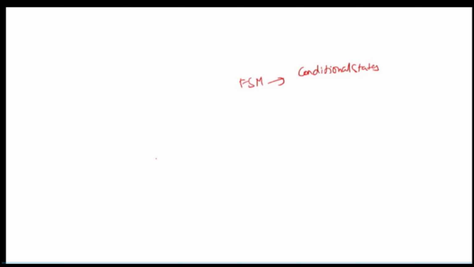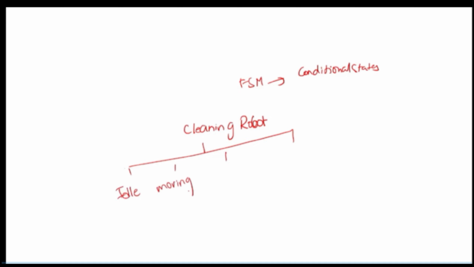Let me give you a small example so that you easily understand what FSM is. Let us consider that we are designing a cleaning robot. A robot designed for cleaning purposes will be working under certain states. For example, its first state will be idle, and then the robot should move, and then it should clean, and then it should mop.